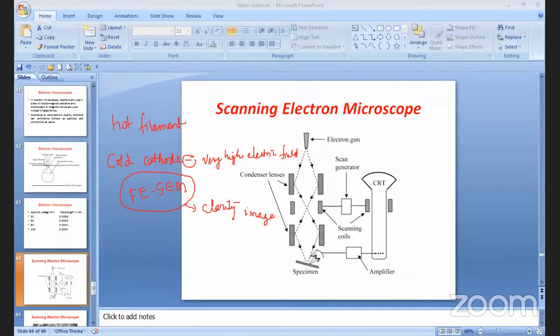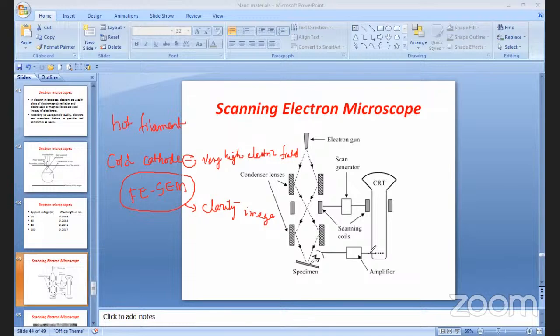So signals from the scan generator, along with the amplified signal from the electron collector, generate the image of the sample surface. Here we are using an amplifier.